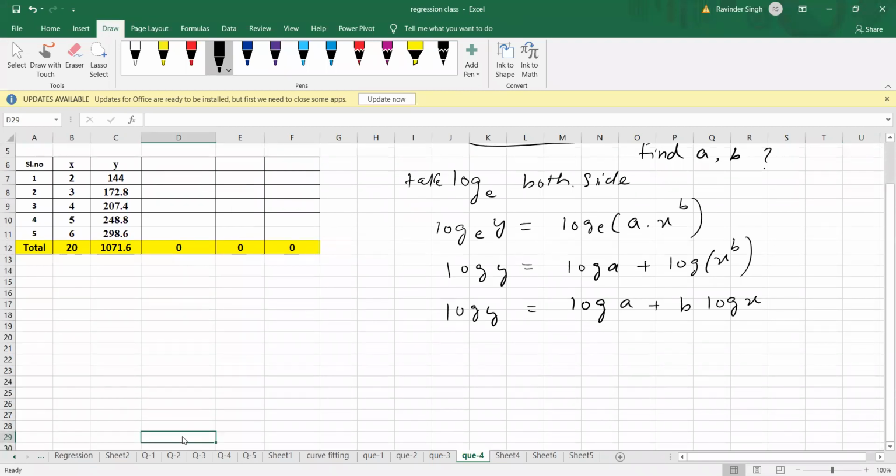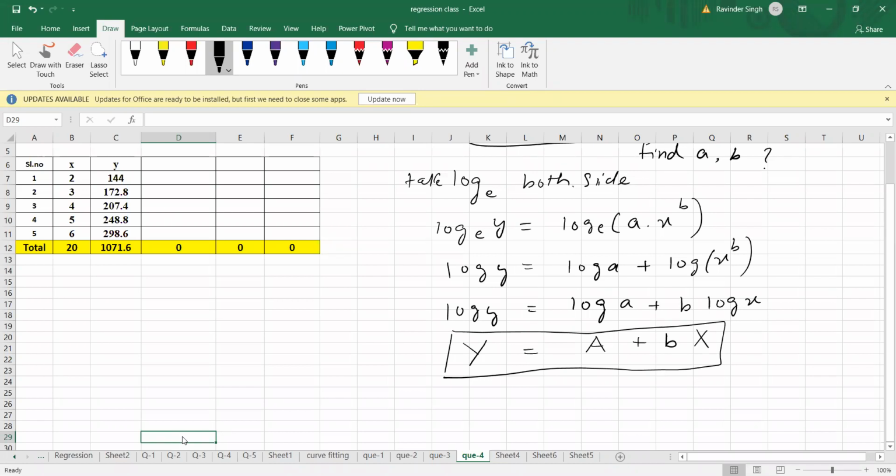Once you get this equation, you write log y as capital Y. Wherever you have a log term, you write that as a capital term now. So log a I will write as capital A plus b, anyway small, and your log x will become capital X. So now you can see that you have got a straight line equation. For this straight line, we have to write the normal equation.